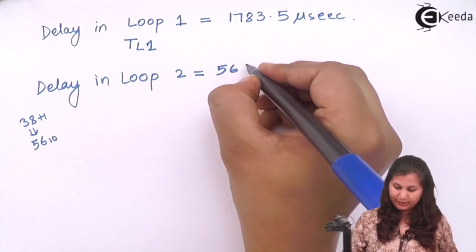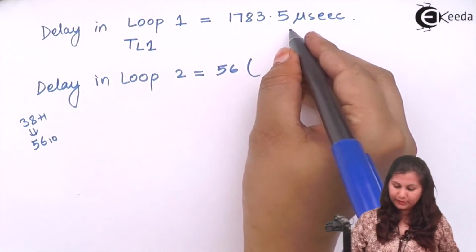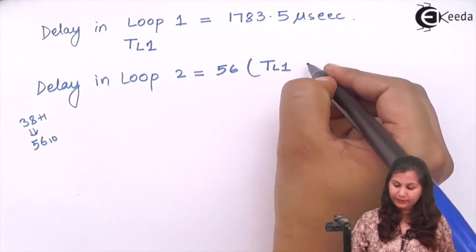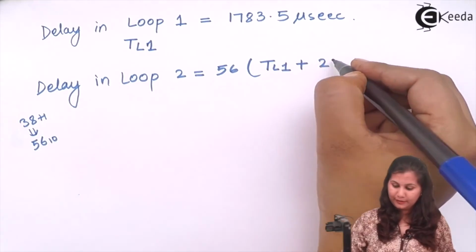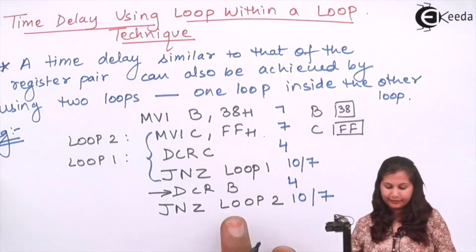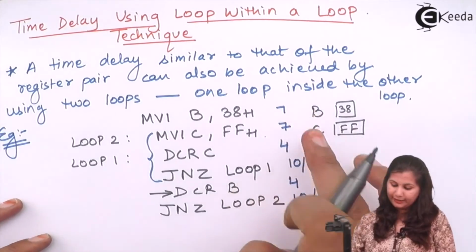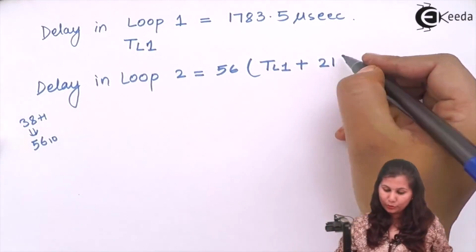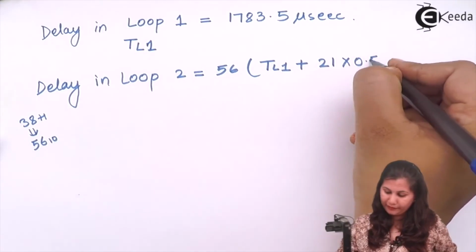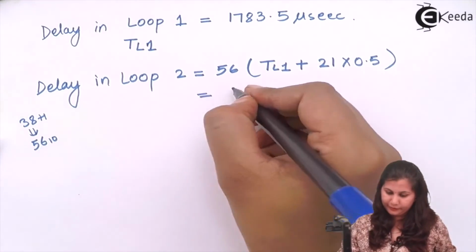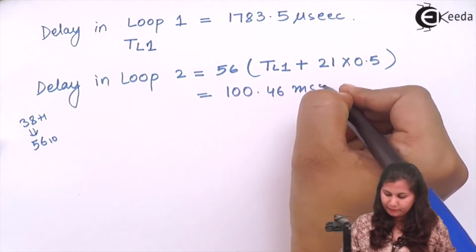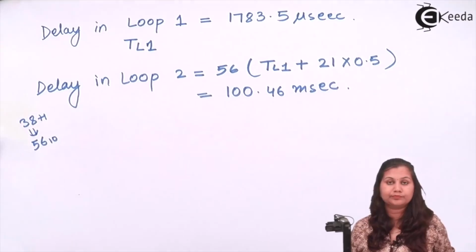So 56 into this TL1, because the inside loop is also repeated in it, plus we have the outer T states, 7, 4 and 10. So 21 into 0.5, the clock period. It will come out to be 100.46 milliseconds.